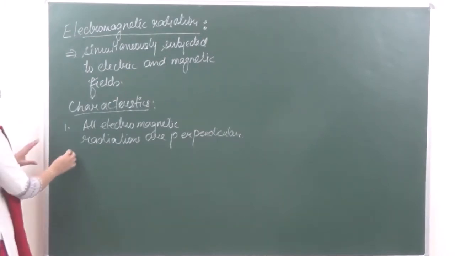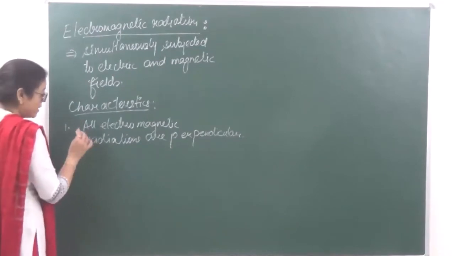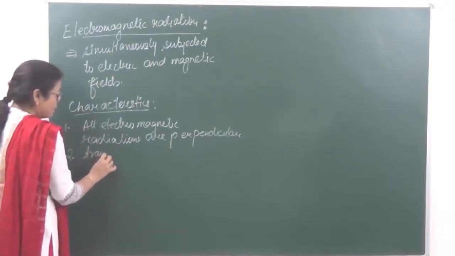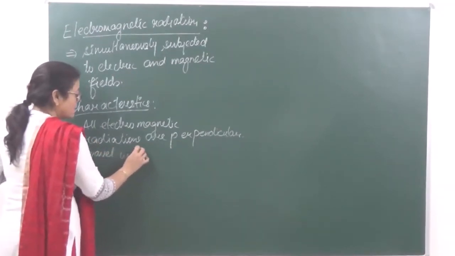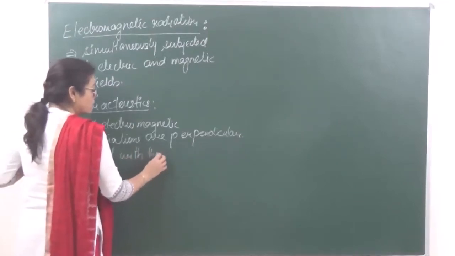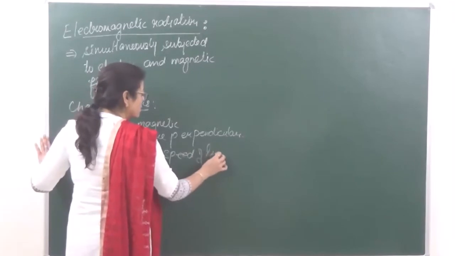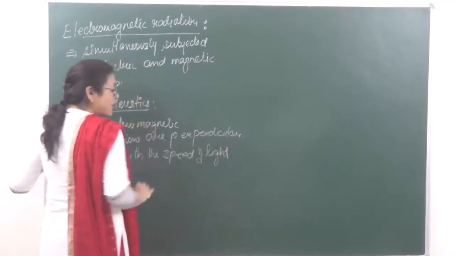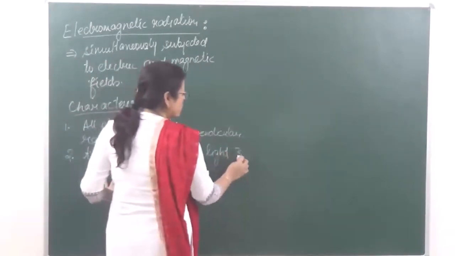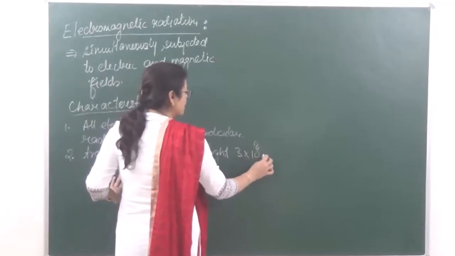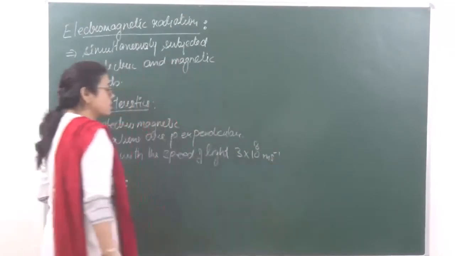And secondly, all electromagnetic waves travel with the speed of light, that is 3 into 10 raised to power 8 meters per second.